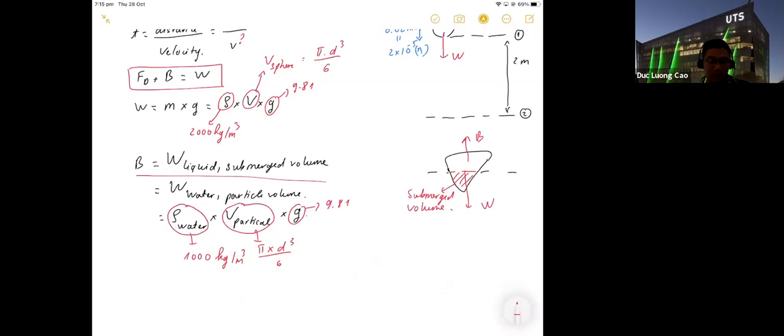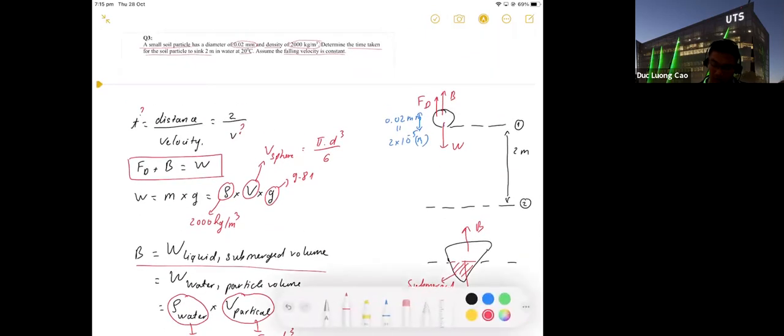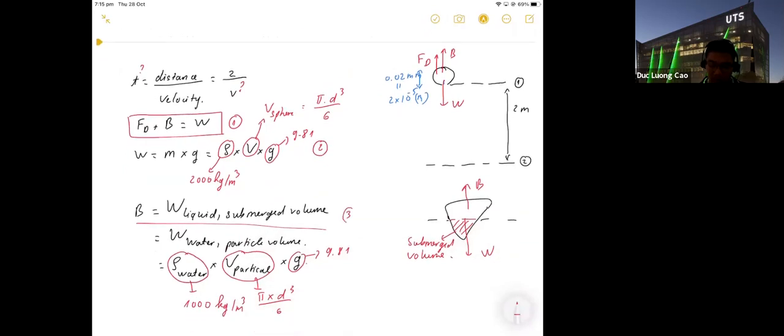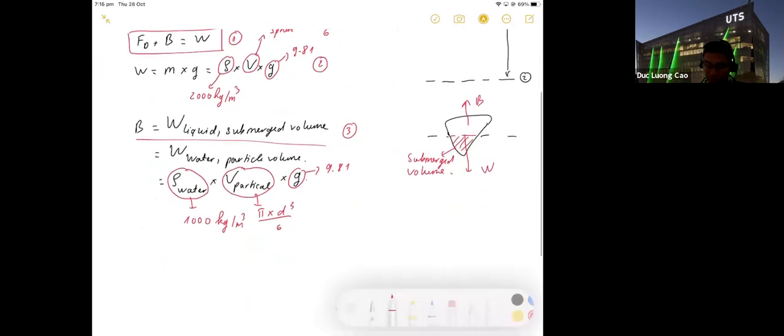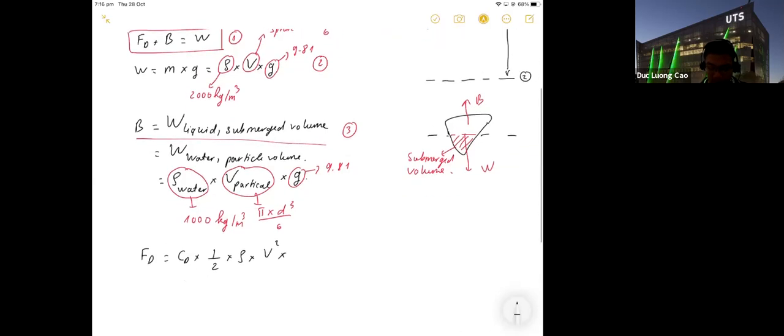So this weight I call equation 1. The weight of the particle is equation 2. Buoyancy force is equation 3. Then FD, the drag force equation: CD times 1/2 rho v square times frontal area.